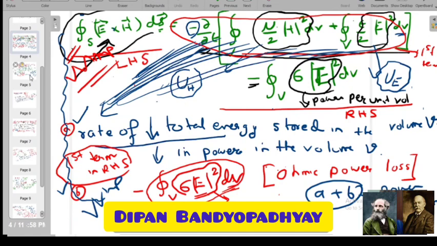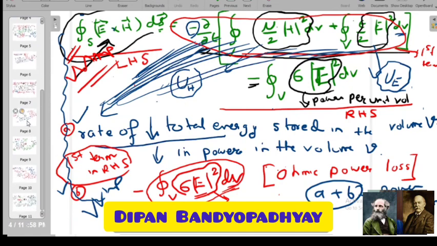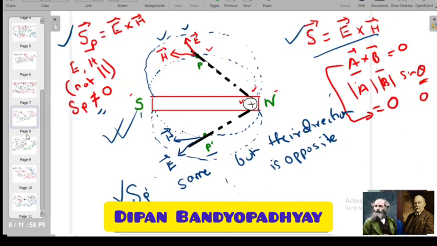And remember the direction of power flow, that is the direction of S, the Poynting vector. Sometimes they will say S, sometimes they will say P. The direction will always be in the direction of propagation of the wave. Remember this: S will be along the direction of propagation of the wave.